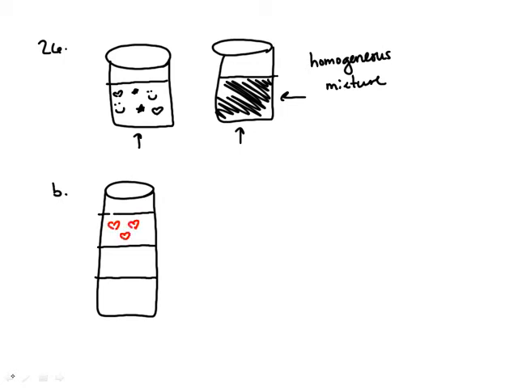And in another phase, I have red hearts as well, but now they're red liquid hearts. So we're going to put a little L next to them because they're a different phase. And then in the third one, I have red hearts, but now they're solids. And up here they were gases.